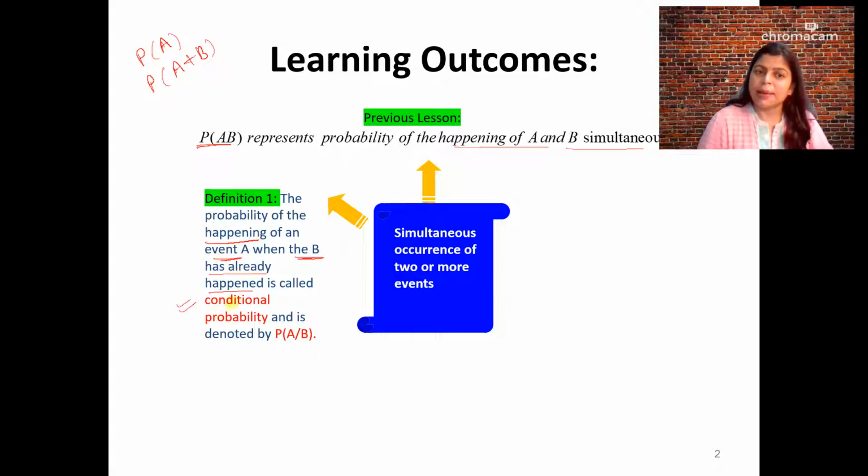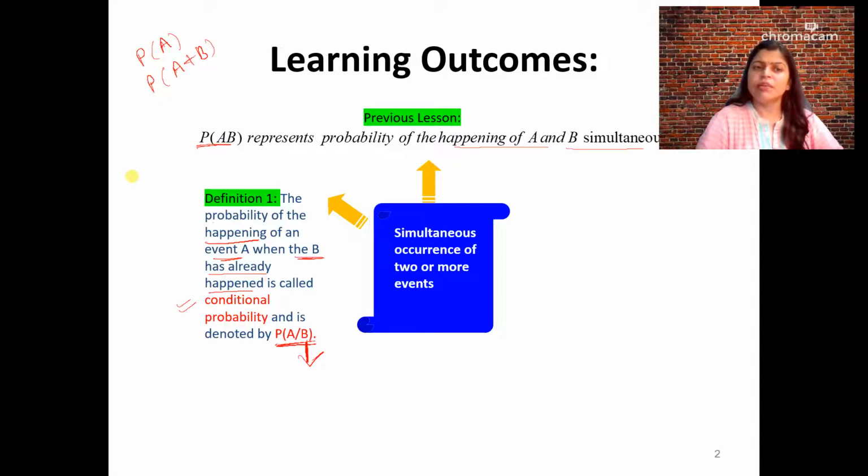This type of probability is called conditional probability, and we use this notation to denote it. The notation P of A divided by B, written P(A|B), represents the probability of happening A when B has already happened.